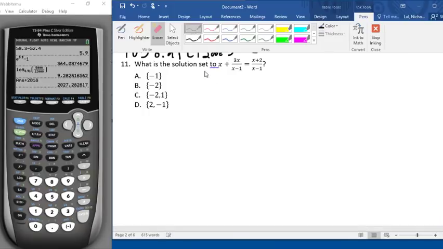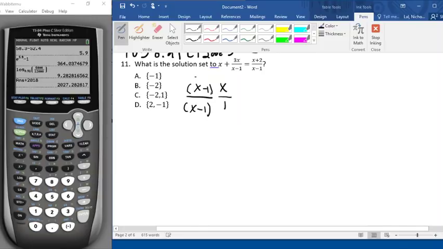We're taking that x, think of that as x over 1, and multiplying by x minus 1 over x minus 1 in order to get a common denominator, plus 3x over x minus 1 is equal to x plus 2 over x minus 1.